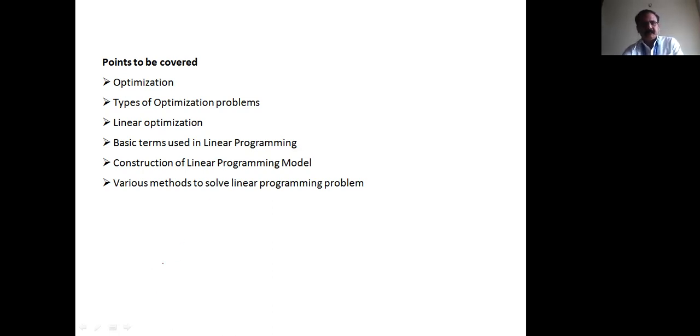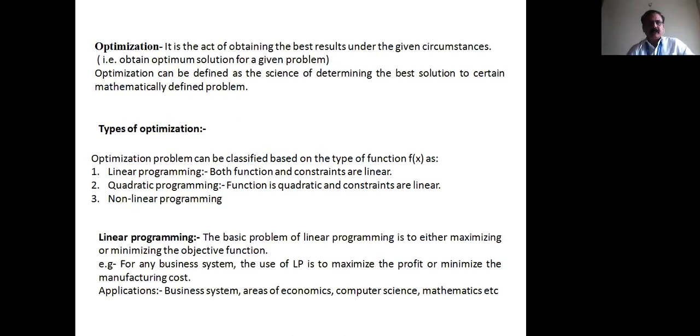And the last one is the various methods which are available to solve the LP problem, that is linear programming problems. This is all about the content which we are going to cover with this video. So let us move forward.